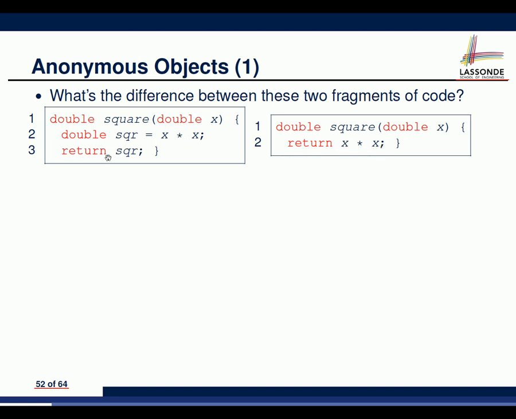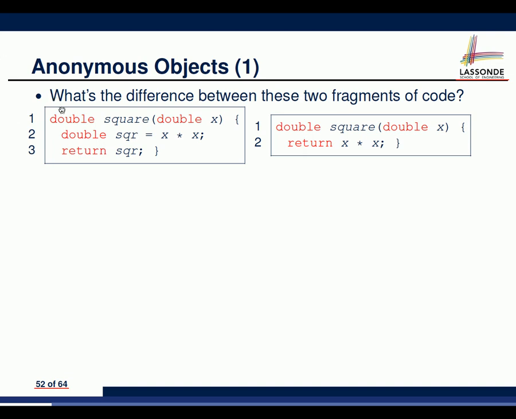On the other hand, for the left-hand side, we make an intermediate variable, square, SQR, which will store whatever the result is for x times x. The advantage is, let's say you have a more complicated program. In that case, you may not want to just return square. You may want to return, say, a square root.